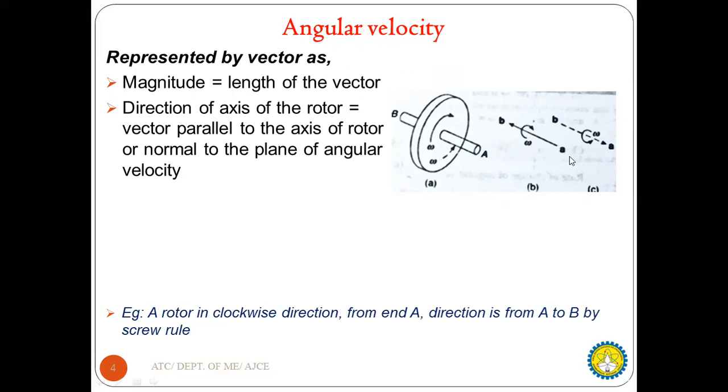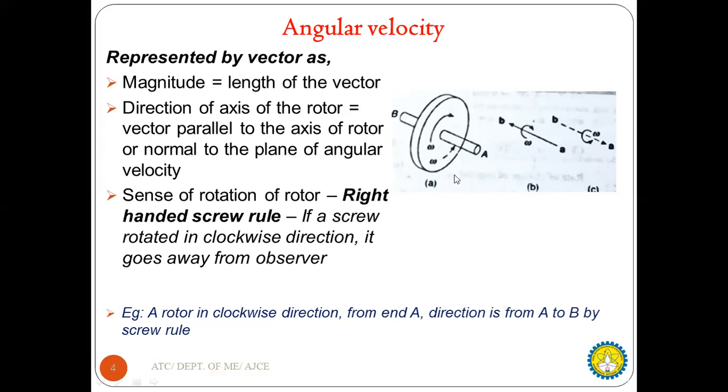The length of this vector is equal to the magnitude of the angular velocity omega. Then what is the direction? The direction is parallel to the axis of the rotor. This vector line is parallel with the axis of this rotor.